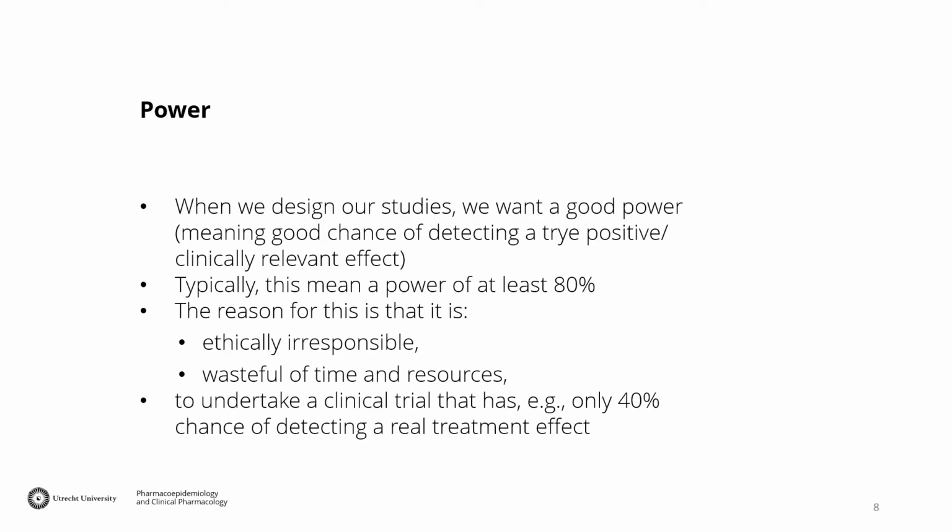So why are we usually so interested in the power and power analyses? When we design our studies, we always want a good power. That means that we have a good chance of detecting the true positive clinically relevant effect. And typically, as I said, the power is at least 80%. That's what we deem good.